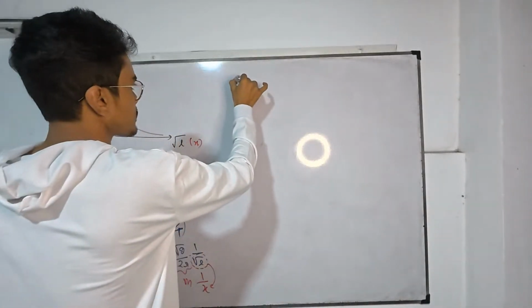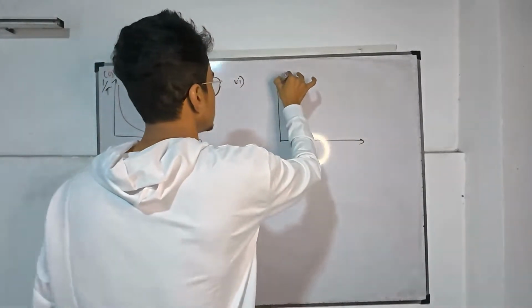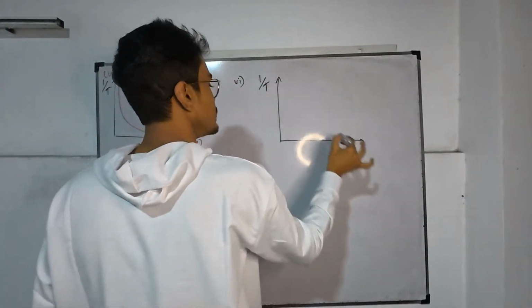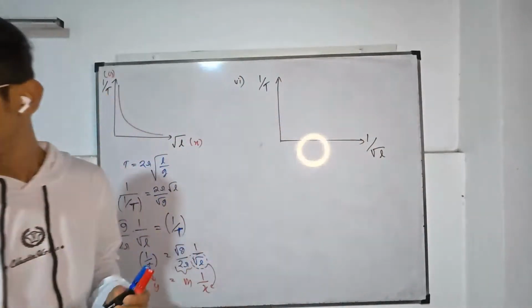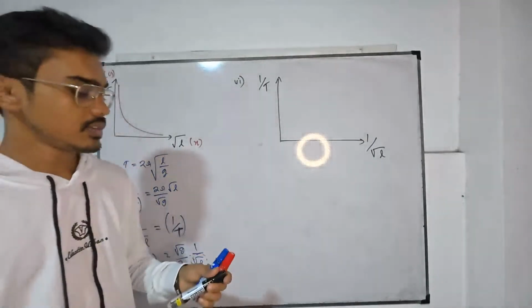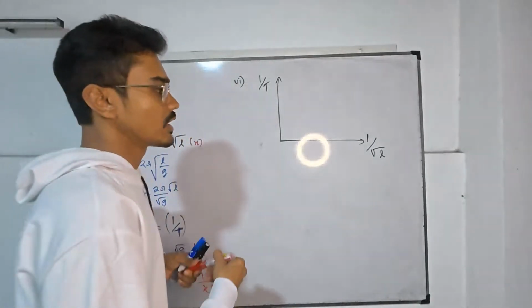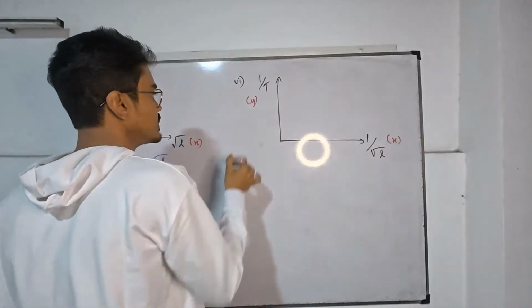Sixth one. 1 over t with 1 over root L. Am I clear? Yes, that one. Now, 1 over root L is x here, and 1 over t is y here.